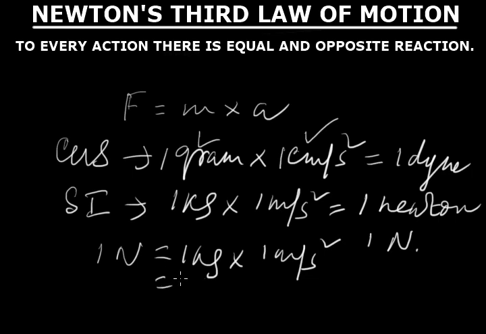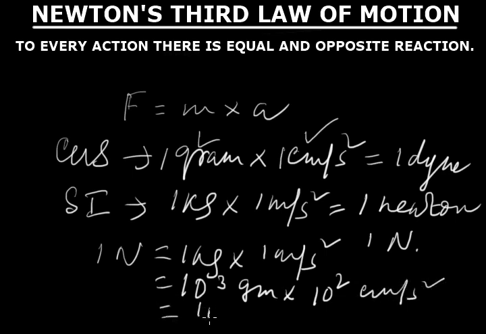That is equal to 1 kg means 1000 gram, 10 to the power 3 gram, and 1 meter per second square is 100 centimeter per second square, 10 square centimeter per second square. 10 to the power 3 into 10 to the power 2 is 10 to the power 5 gram into centimeter per second square, that is dyne. So 1 newton equals 10 to the power 5 dyne.